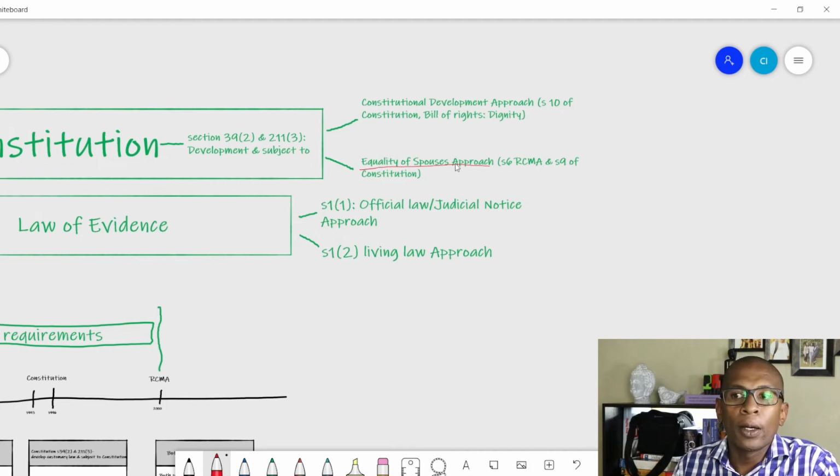In the past, a wife, for example, was treated like a minor. If she wanted to enter into a contract, she needed the consent of the husband, as an example. So equality has been dealt with within the RCMA, and of course the Constitution, like I mentioned earlier on.